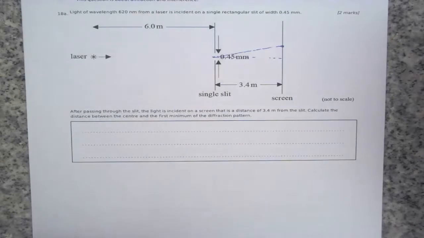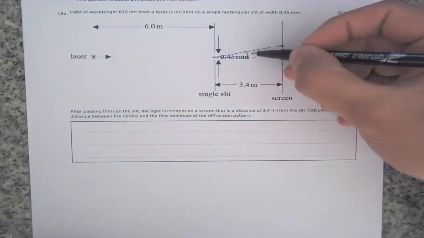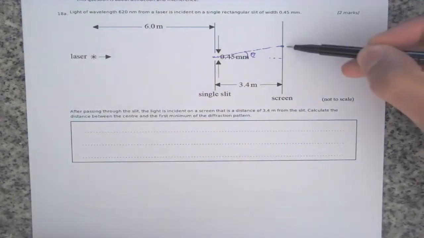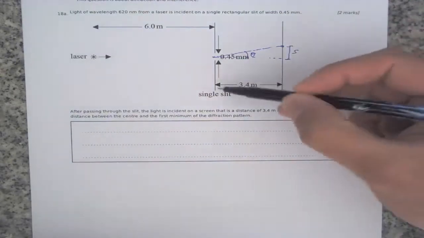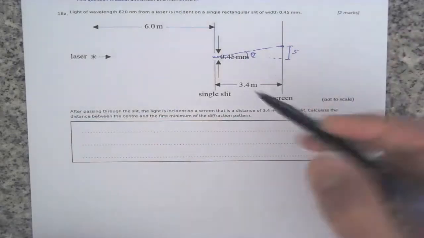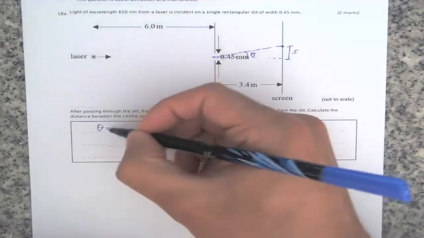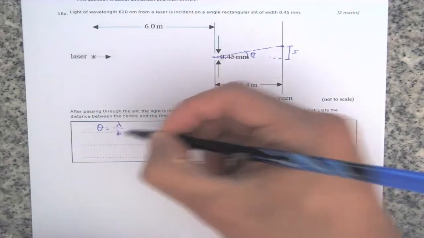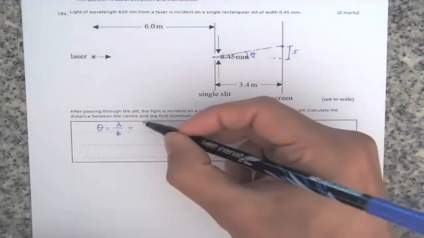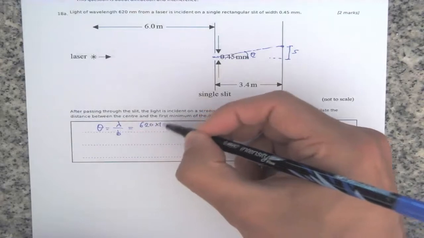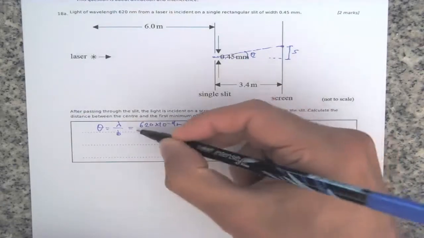Our first step is to calculate this angle theta. Then I'm going to use geometry to calculate this distance, let's call it S. To calculate the angle theta, I'm going to use this formula, the wavelength over the width of the slit, and you have everything here. 620 times 10 to the power of negative 9 meters is the wavelength.